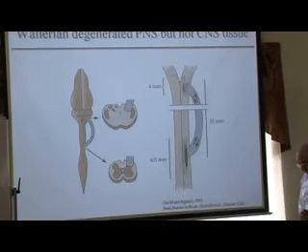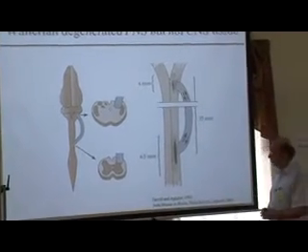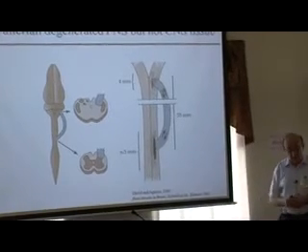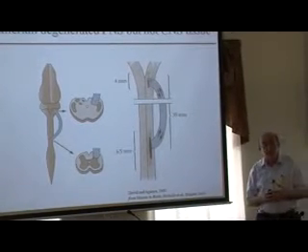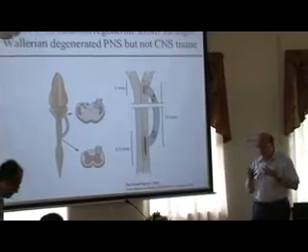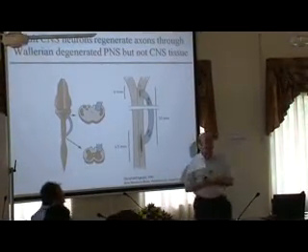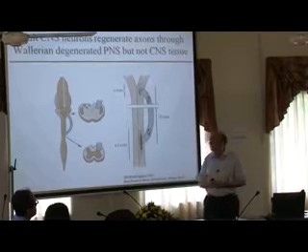And the experiment by David and Aguayo taught us that the ability to regenerate was not lost, but that the environment within the central nervous system prevented adult axons from regenerating.